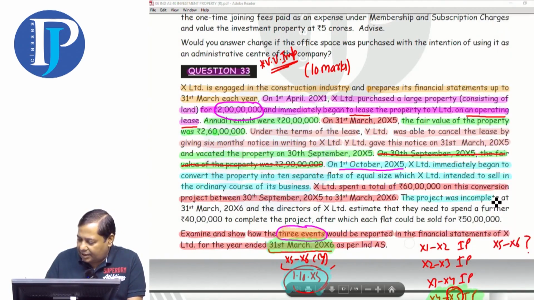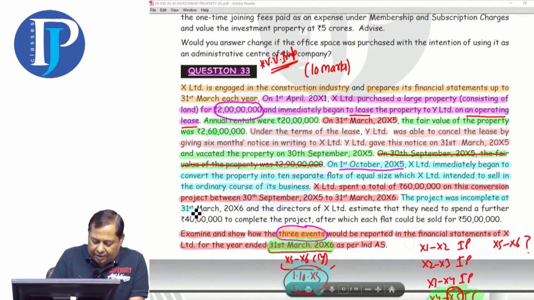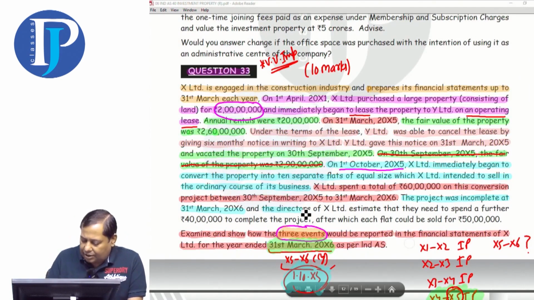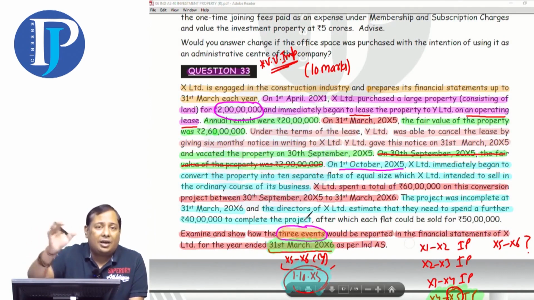The project was incomplete. At 31 March X6, the work is not yet complete. It is WIP. The directors of X estimate that they need to spend a further 40 lakh rupees to complete the project. An additional 40 lakh rupees will be required. Further expenses are 40 lakhs.